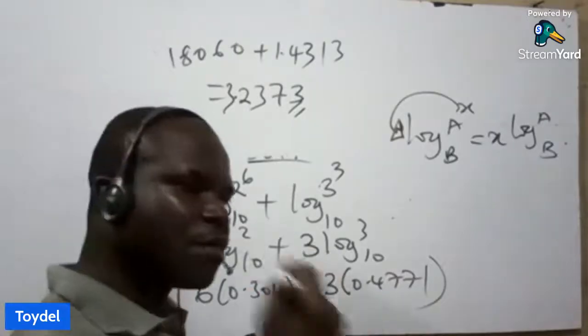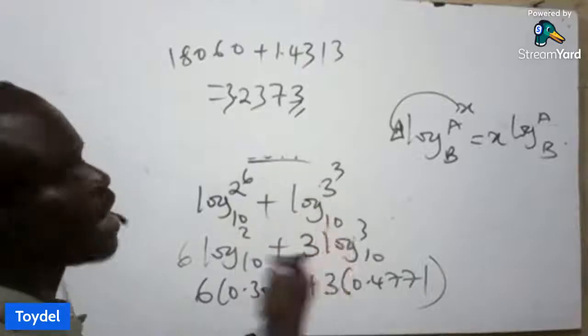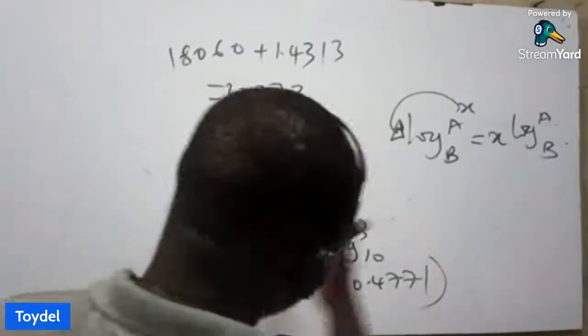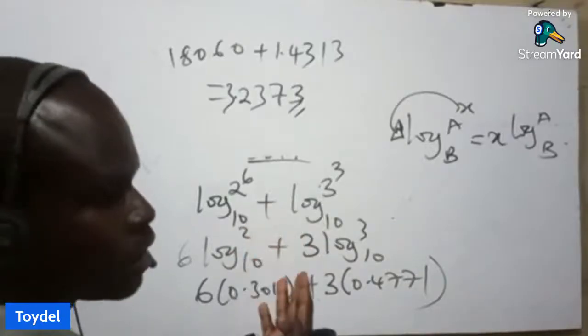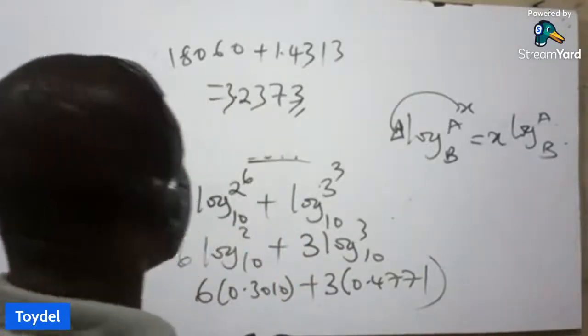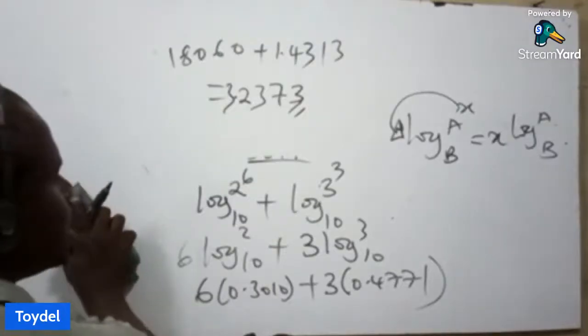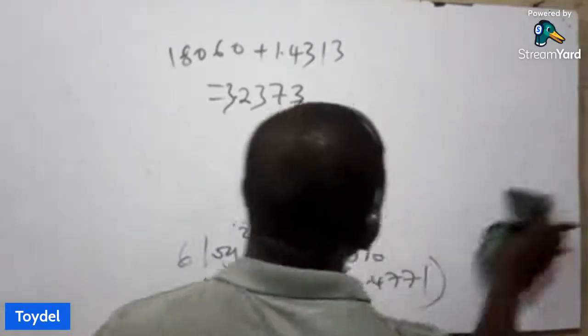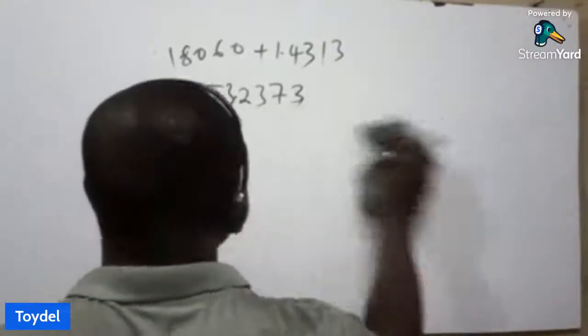Once you are familiar with all these rules of indices and logarithm, then you hardly have problem under this concept. The first thing is for you to know the law. Then the second thing is for you to be able to apply the law that you have learned. So constant practice will actually help you in that area.